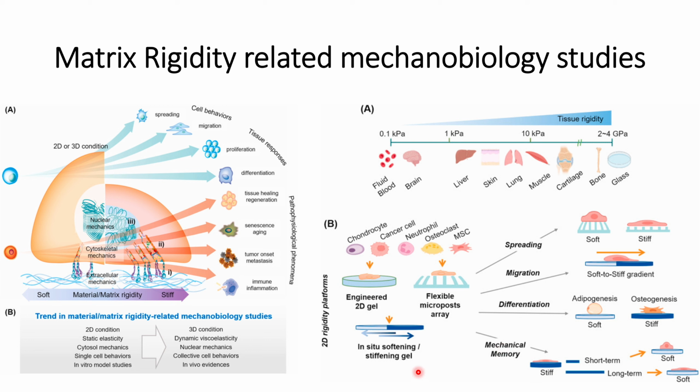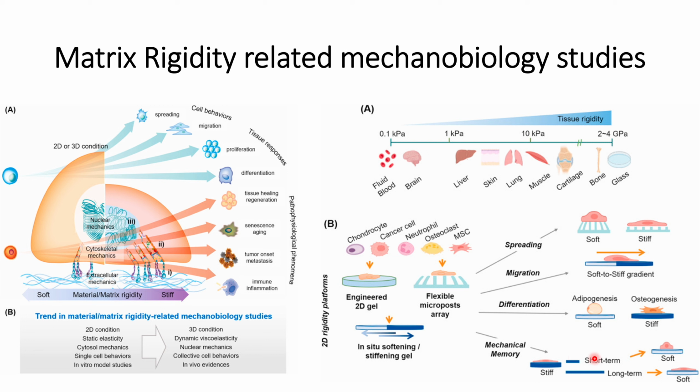That is, when the cells move from the soft ECM or soft tissue to the stiffer tissue or stiffer ECM, the changes that the cells had in the soft ECM will continue to occur when the cells are in the stiffer ECM. Similar things have been observed in the reverse case, when the cells move from stiffer ECM to the softer ECM. That has been shown here.